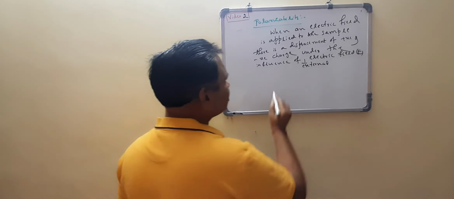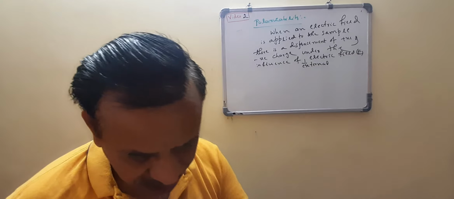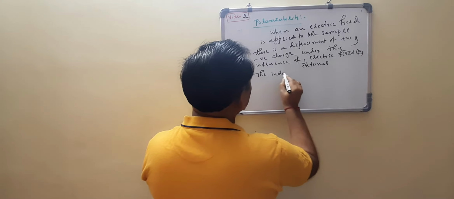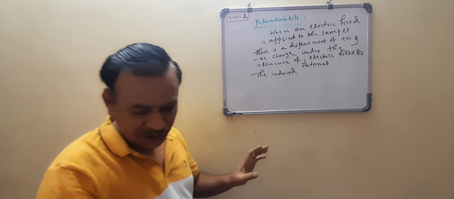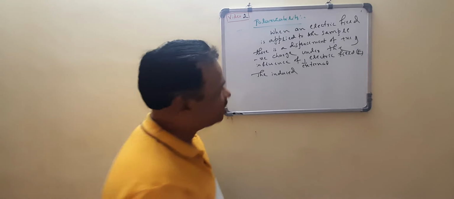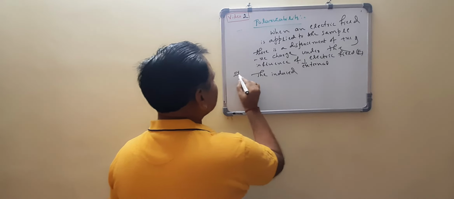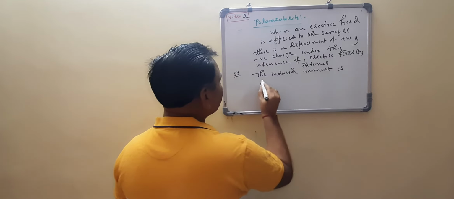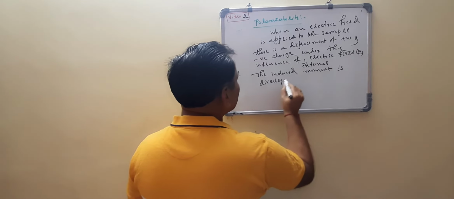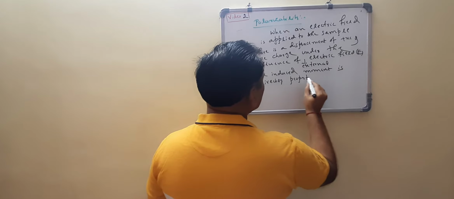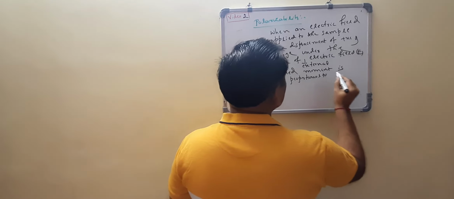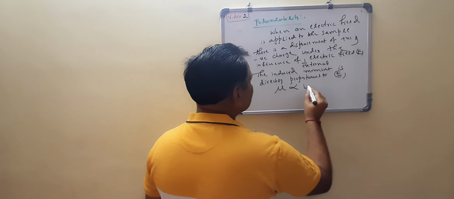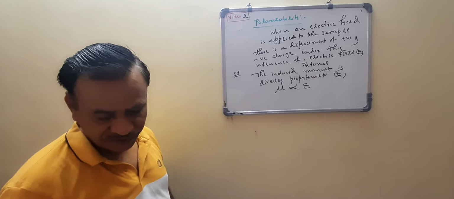As a result, when they are separated, what happens? There is an induced dipole moment, which is directly proportional to the electric field E. Mu is directly proportional to the electric field.